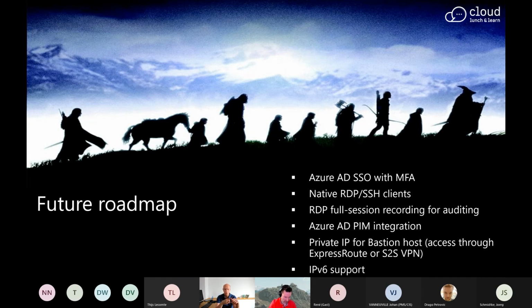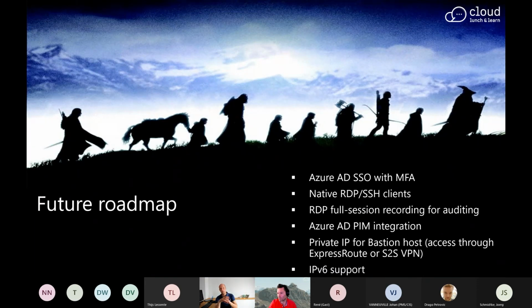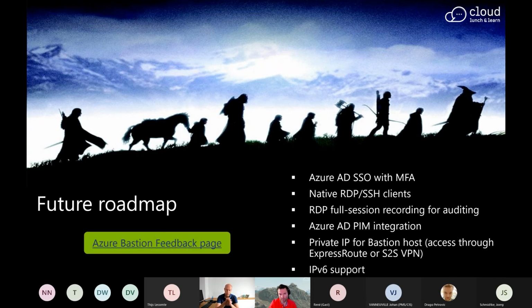Auditing, where you have recording for auditing available, but also private IP for Bastion hosts, which means that even on top of the security from Azure Bastion host, you can only connect using a site-to-site or ExpressRoute connection. So that's definitely something to look at. And of course, if you have feedback, there's the Azure Bastion feedback page where you can make some suggestions.